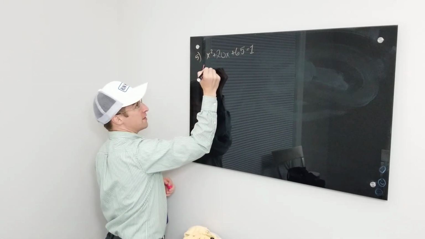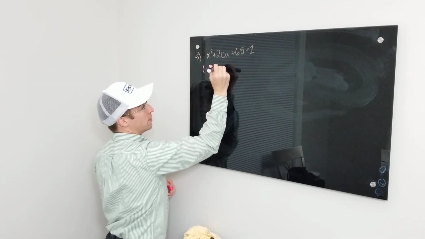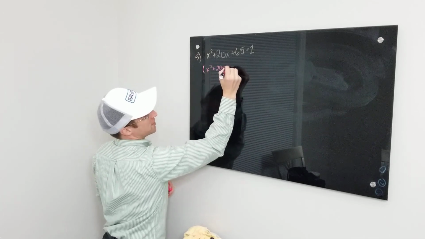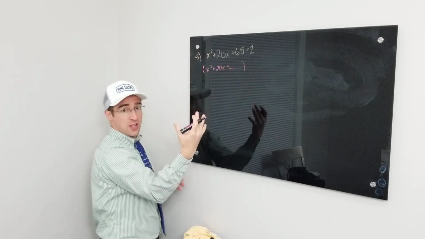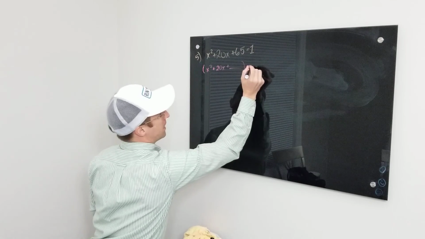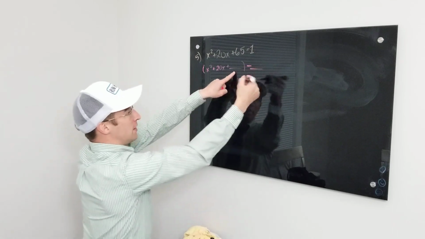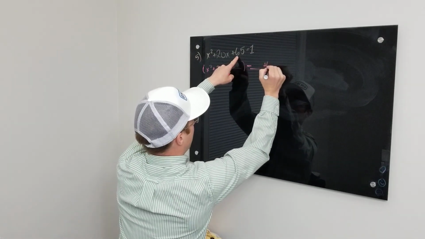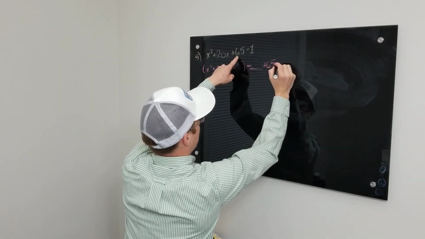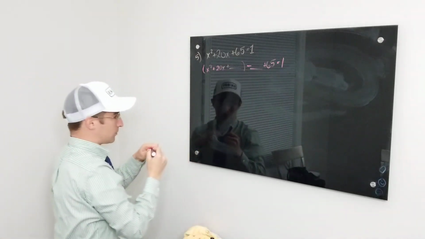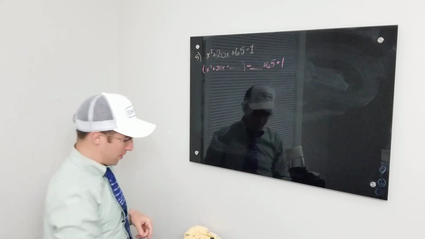So I go parenthesis, x squared plus 20x plus blank, parenthesis, just like we did in the previous problems, minus blank, where this is going to be the same number, and then I'm going to bring this plus 65 equals 1 into it. All right, so now I need to find what goes in those blanks.